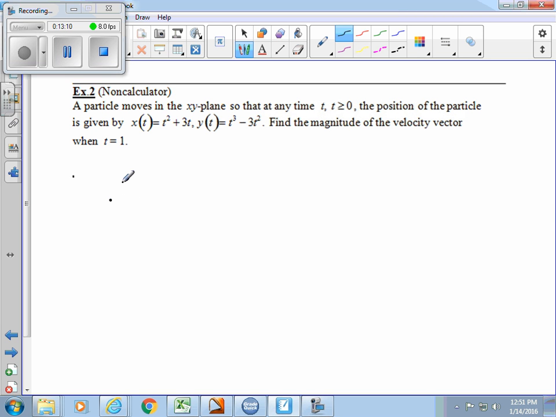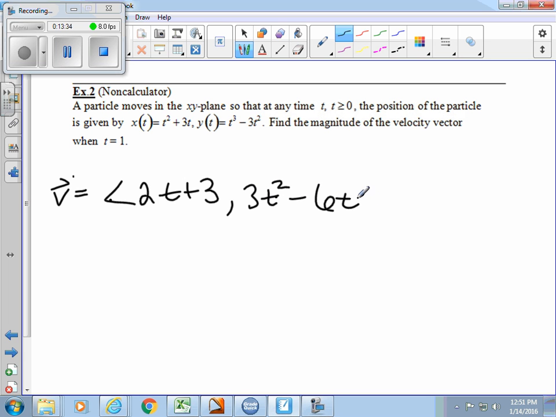Okay, so step 1, I'm going to find the velocity vector. You probably could do this without actually writing down the velocity vector. The little arrow on top just indicates that this is a vector; you don't have to write it. So that is the velocity vector.